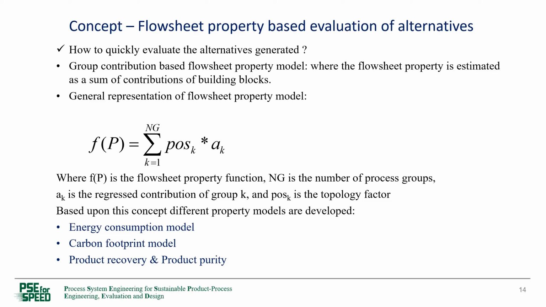Like this, we have generated hundreds of data points for distillation with 2 compounds, 3 compounds, 4 compounds, and then use that data to back calculate, to regress this parameter.